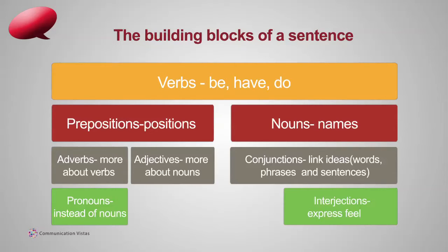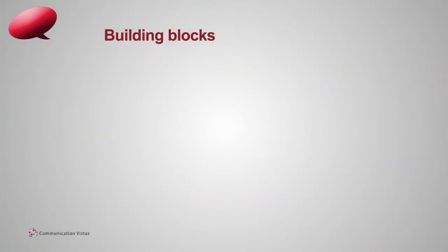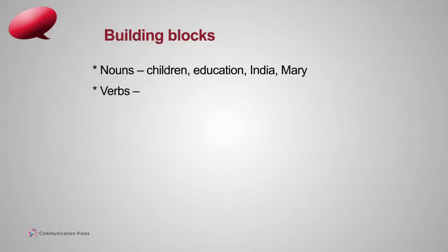Interjections express feelings. Some examples: nouns: children, education, India, Mary. Verbs: is, have, do, love, sing, climb.